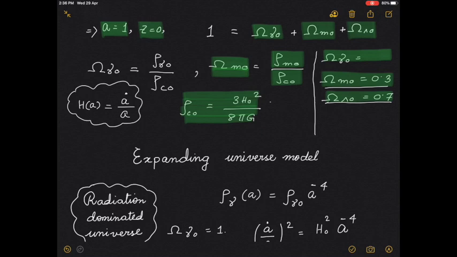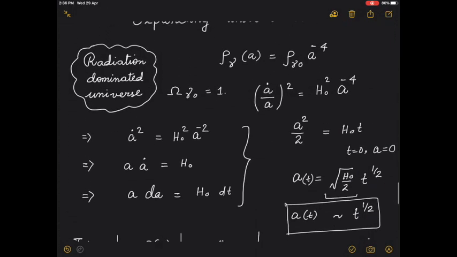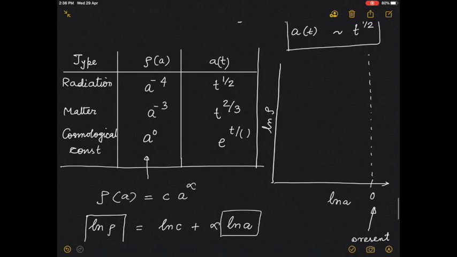You may say that these numbers have a rho critical naught also, but the rho critical naught involves the only thing that comes from cosmology, which is H naught squared, and the H naught squared we already know the value, Hubble measured it long back. So we know these numbers at present. We know the rho radiation naught, rho matter naught, and rho lambda naught. And these values will be somewhere on this dashed line.